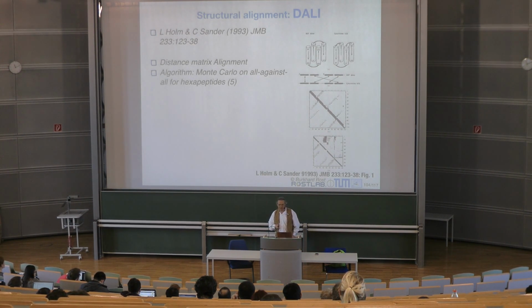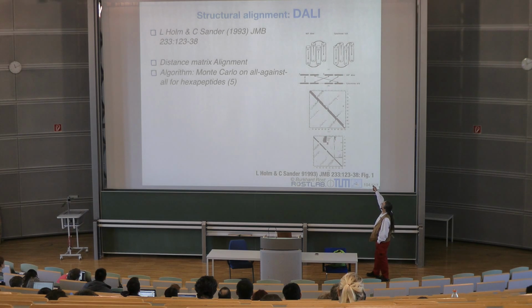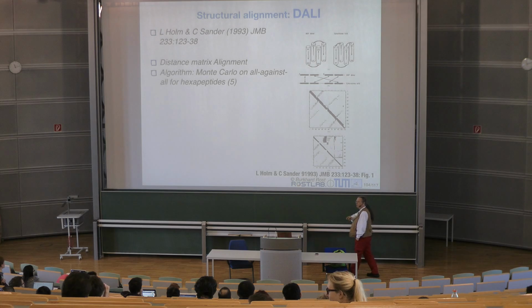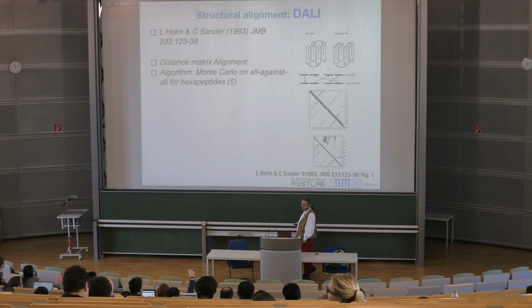And this method DALI, in fact, now takes the full 2D matrix and finds in Monte Carlo hexapeptides, so moves hexapeptides around, large groups, 10 or something in that ballpark, and compares them in the other one and finds the best path to make these all fit.